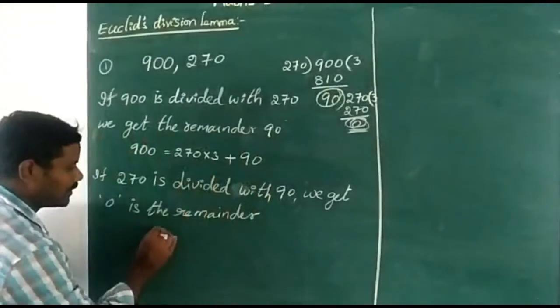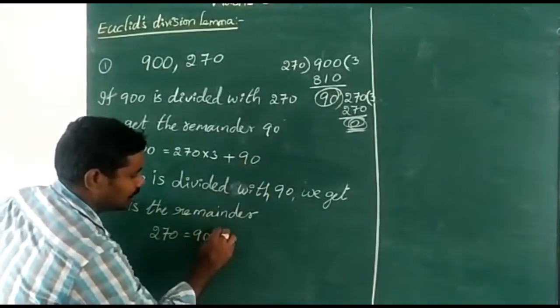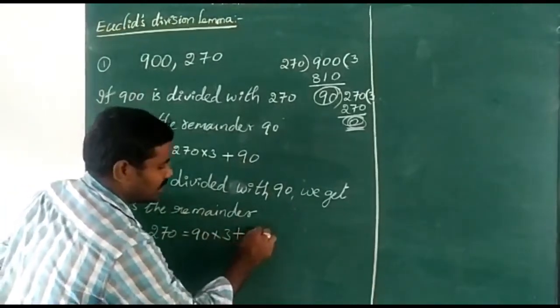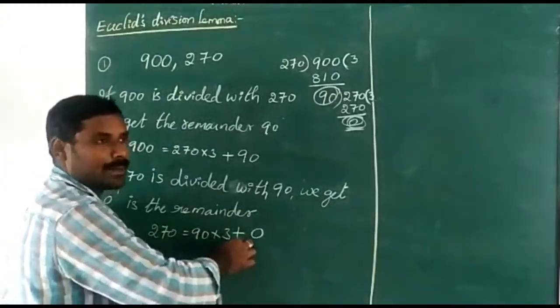Now write the same: 270 = 90 × 3 + 0. Dividend equals divisor into quotient plus remainder.